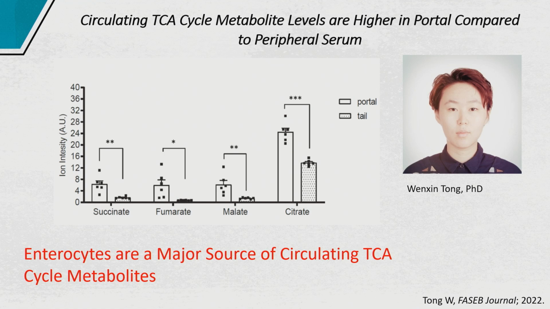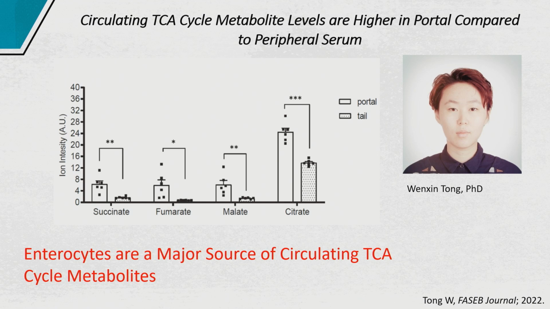And she observed that in some of our studies where we were measuring portal metabolites and peripheral metabolites from individual animals sampled at the same time, the level of TCA cycle metabolites was much higher in the portal circulation than in the peripheral circulation. And that was very surprising to us. We didn't really have an idea of why portal TCA cycle metabolites should be elevated compared to peripheral circulation.